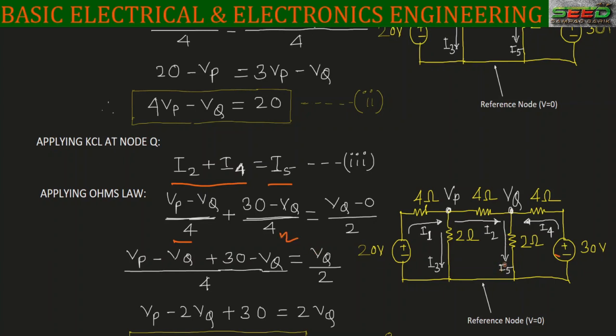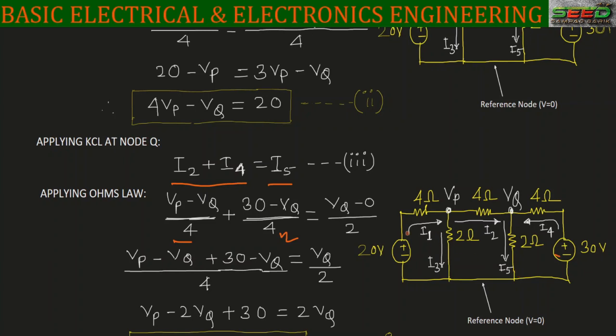Now I5 we can write as Vq minus 0 because I5 is coming from Vq to the 0 line, that is the 0 reference node. Now we have to write the current equation for I5. So I5 is coming from Vq and reaching the reference line.